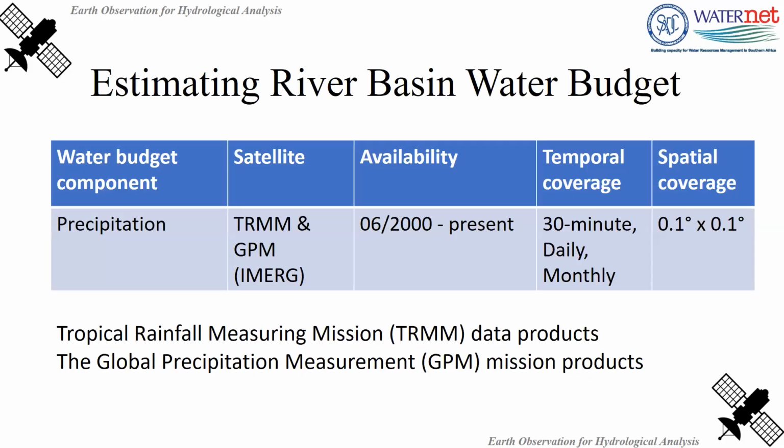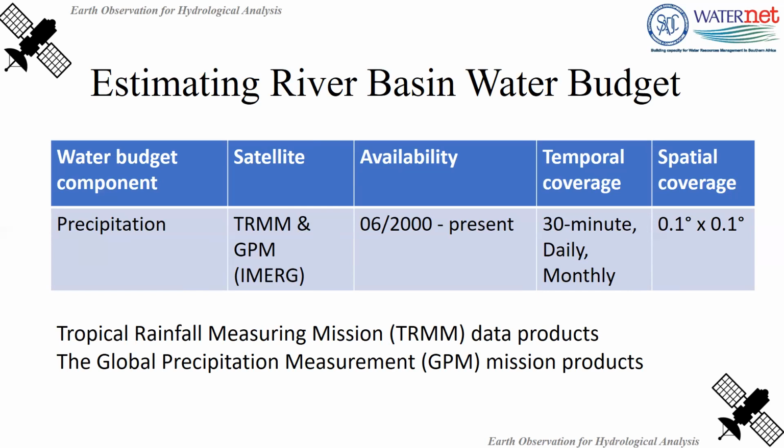We have a number of sources that can give us this kind of information, the water budget components. Let's say we start with precipitation. We have a number of sources that can provide precipitation data sets to us. We have selected for these 3 days, we are going to use TRMM and GPM.